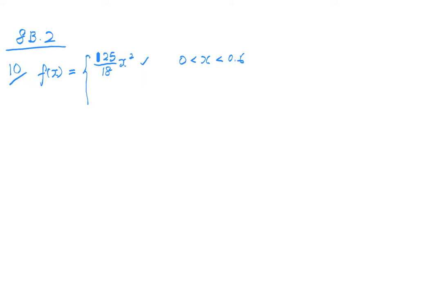That is how it works. If the value of x is between 0.6 and 0.9, then I have to use this function to count the probability. Are you clear? Other than that, the probability density function is 0. That is called otherwise.